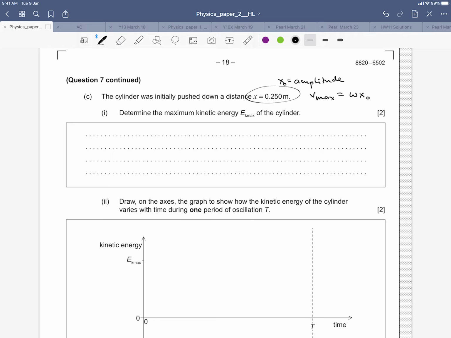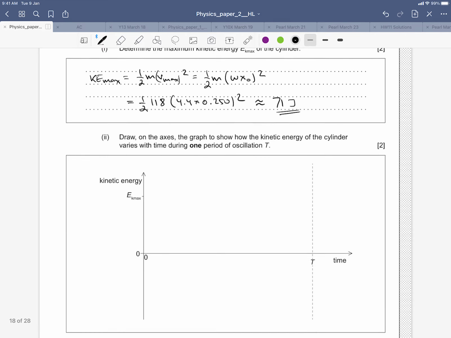So omega times amplitude is always the maximum speed, and we can use that to work out the maximum kinetic energy, because we know KE max is half m v max squared. So half m times omega amplitude squared. So we know the mass was 118 kgs, omega was 4.4, and then now we get 0.250. I have to square all that, and we get roughly 71 joules.